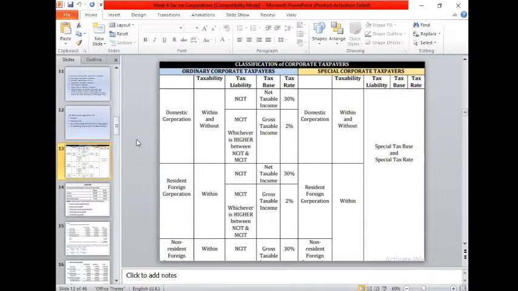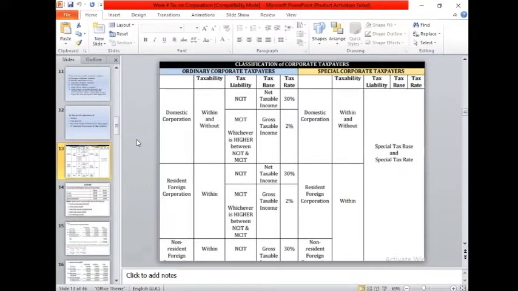And the tax base is, of course, the gross and the net taxable income, computed under the normal corporate income tax and the minimum corporate income tax. Whichever is higher between the two will be adopted, paid, and collected as the corporate tax.